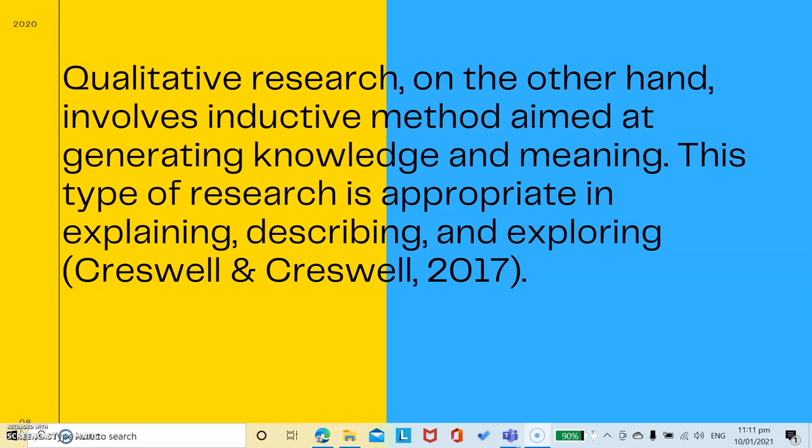So, having a thorough knowledge of human understanding and interpretation is one of the most important characteristics of a qualitative research.